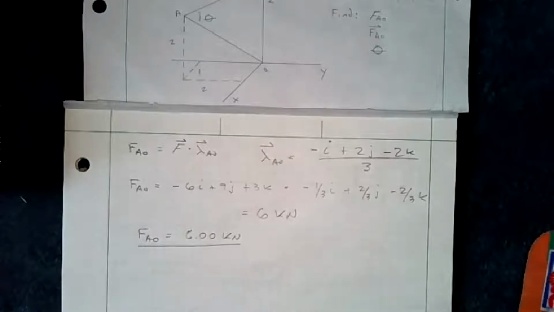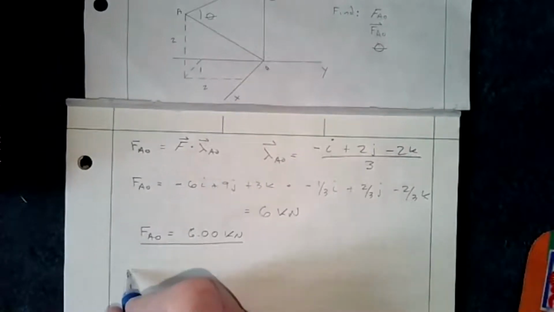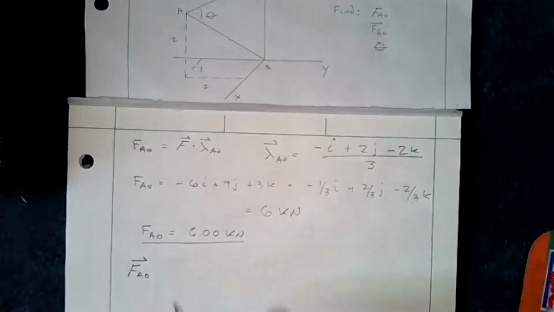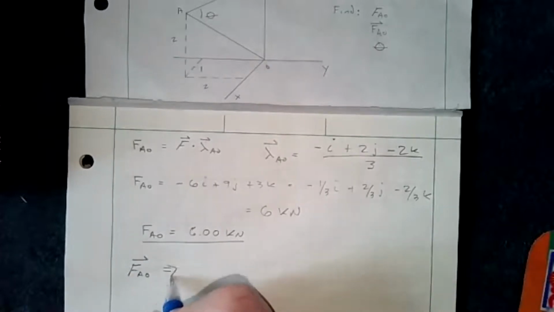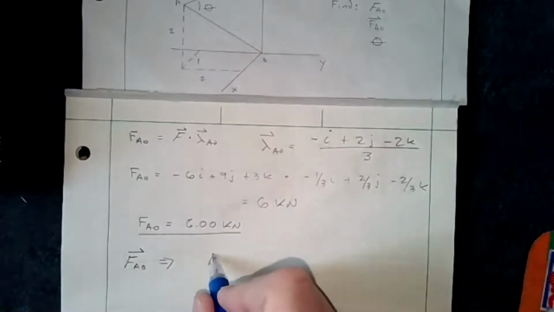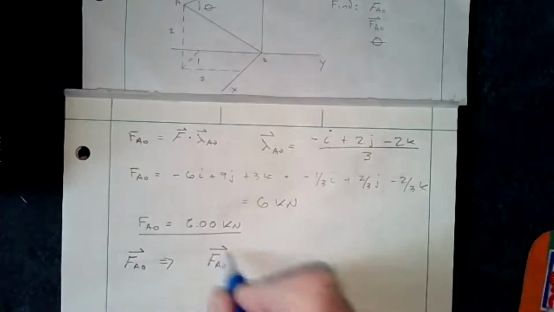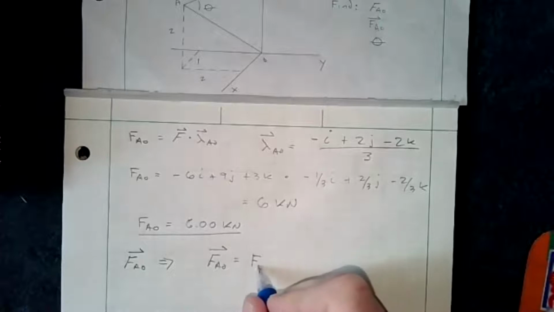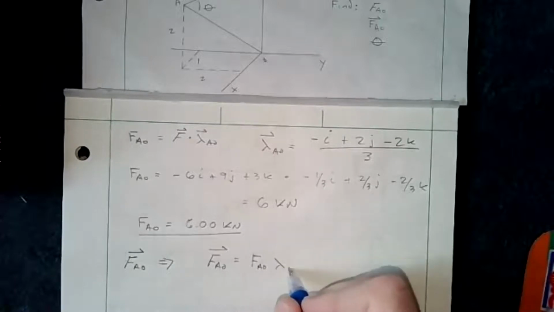Then we want to know what is the vector AO. That's easy enough. To get that, we know that FAO just equals the scalar AO times lambda AO, right?